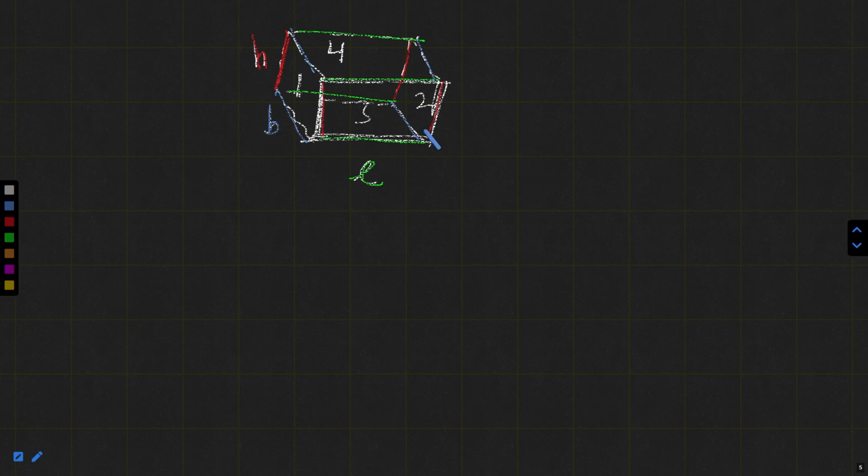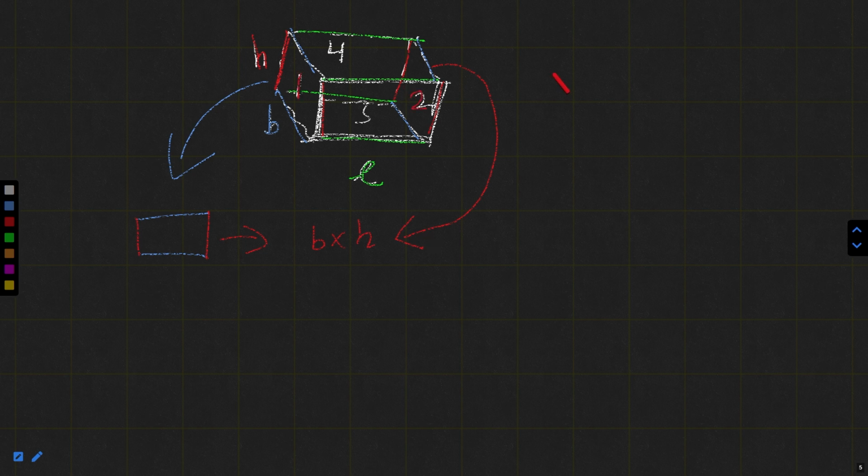Now to find the area of the 4 walls, we take this rectangular piece with B and H as its height, so the area is B times H. Because the same rectangular piece will be formed here also, the areas of the first and the second wall are equal.